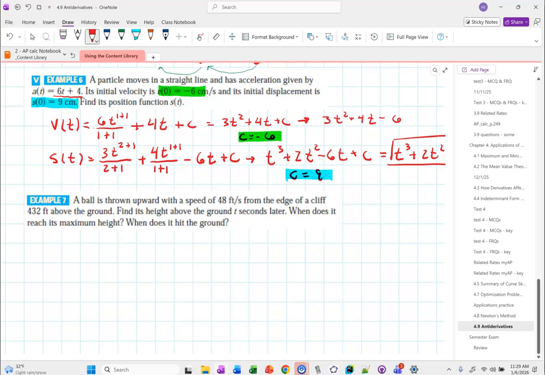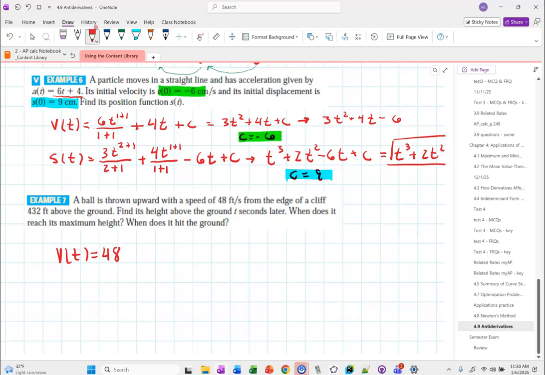What is that first sentence telling us? A ball is thrown upward with a speed of 48 feet per second. And the edge of the cliff is 432 feet above the ground.